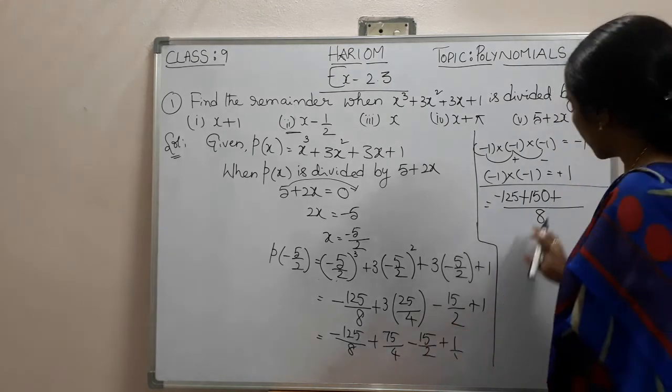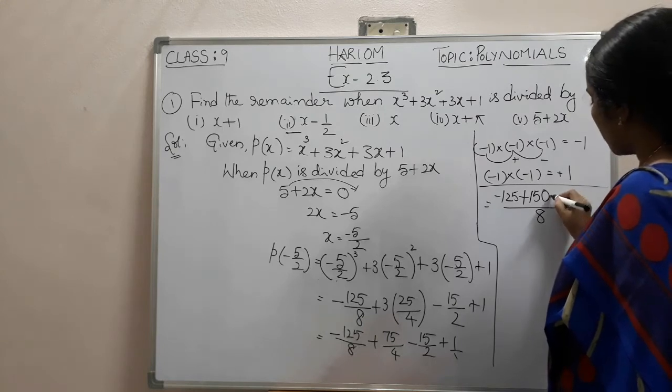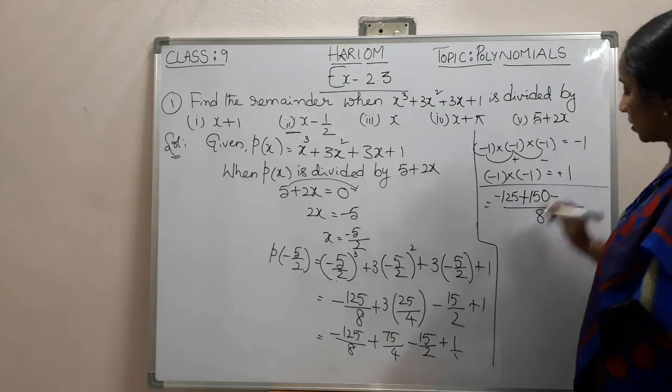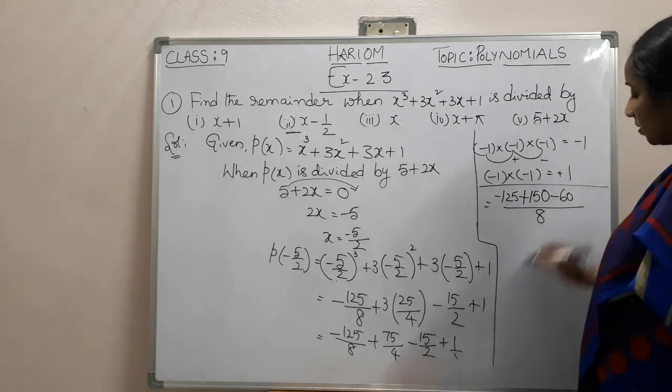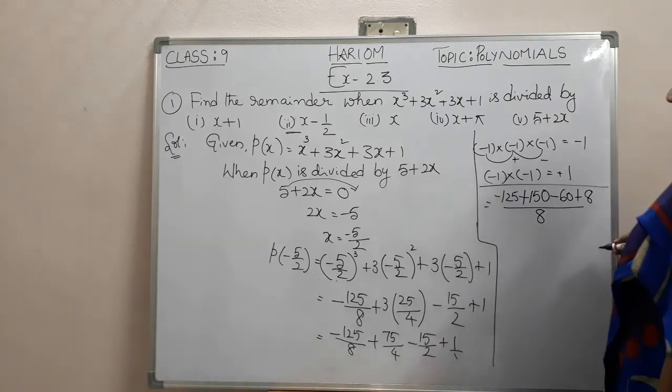Here you have minus, so it is minus 2 8 table 4 times, 4 15s 60. 1 table 8 times.